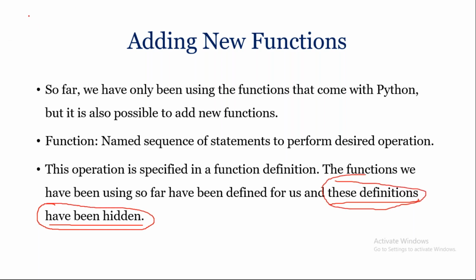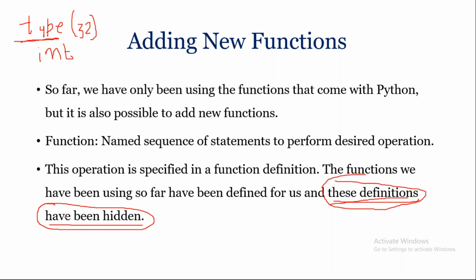Whenever you use the type function, a built-in function, you ask Python to give you the type of int, and it tells you that it is an integer. You don't know how this function was written. That is what this says: how the function is defined is hidden from you. Only those people who wrote this function in Python know how it was written.